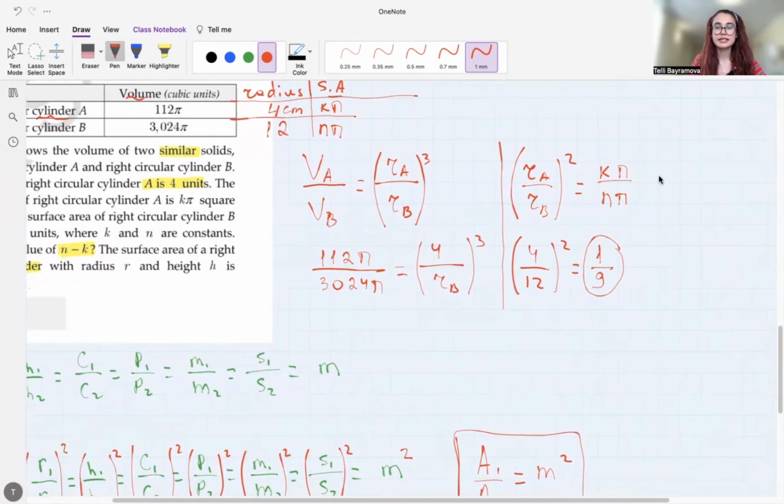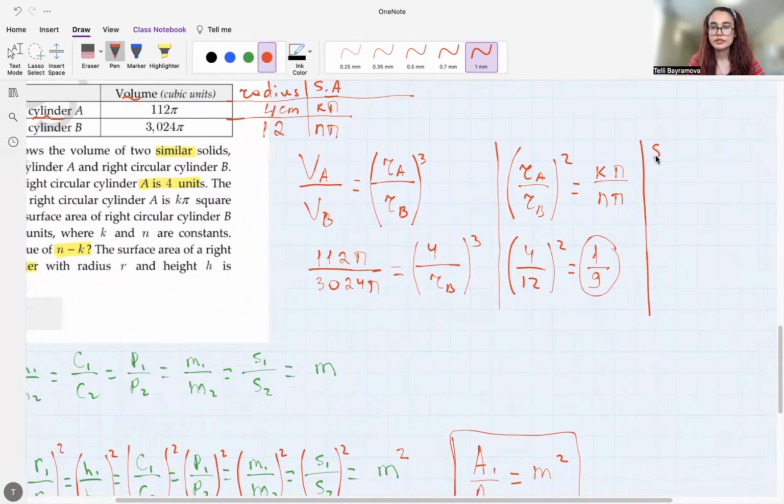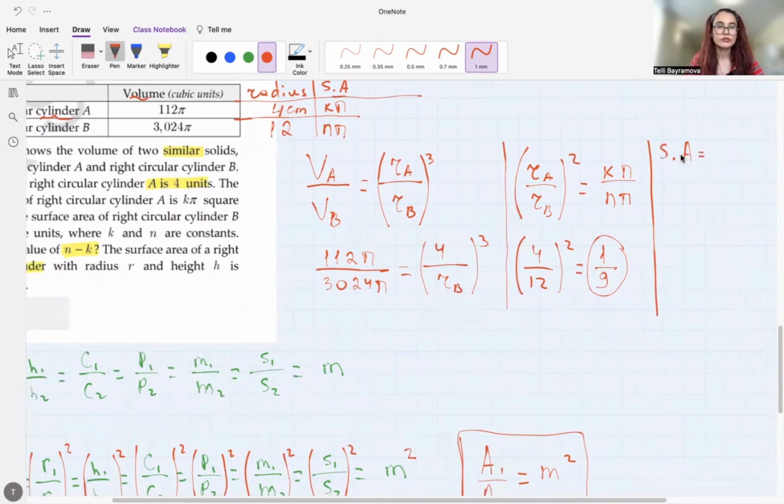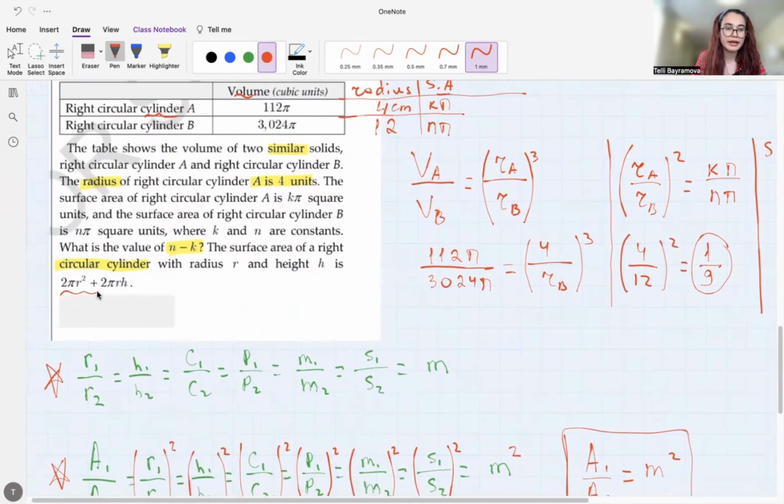Let's write surface area K. Surface area of A, we have a formula, 2 pi r square plus 2 pi r h. 2 pi r square is 4 square, it is 16, plus 2 pi r, r is again 4, multiplied by height.